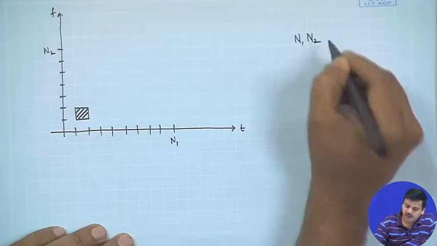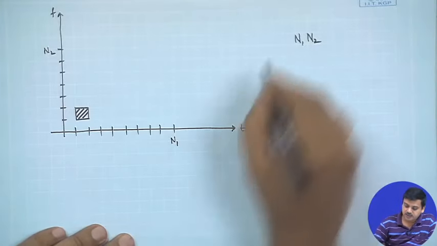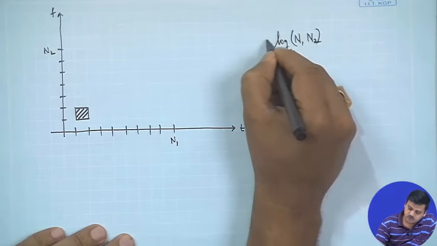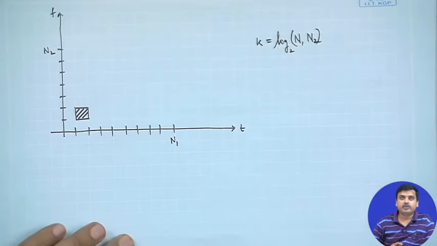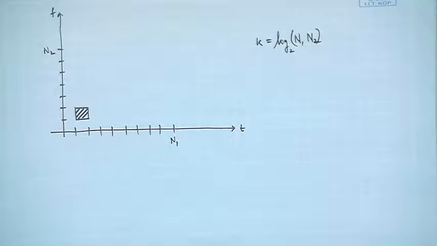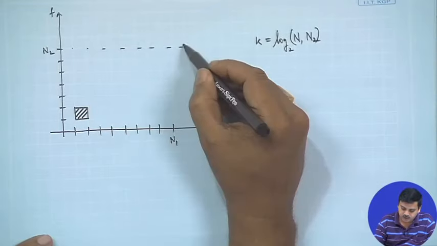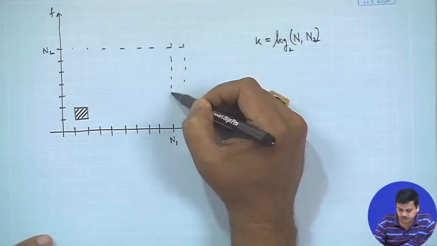In this case you are going to have a total of n1 n2 possible combinations, and log base 2 of n1 n2 would be the number of bits that could be represented by choosing any one of these options that are available with you.